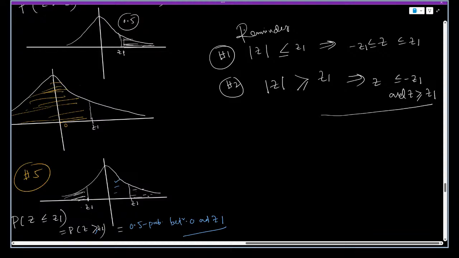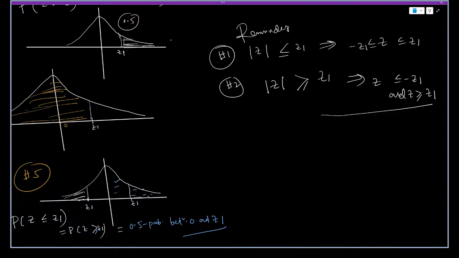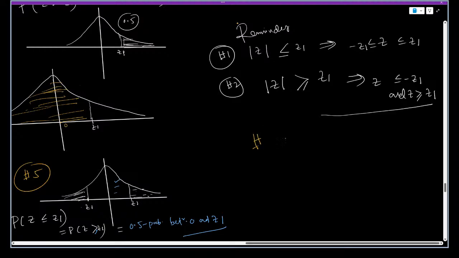Now I am giving you a few sums based on this concept. Z is the standard normal variate.